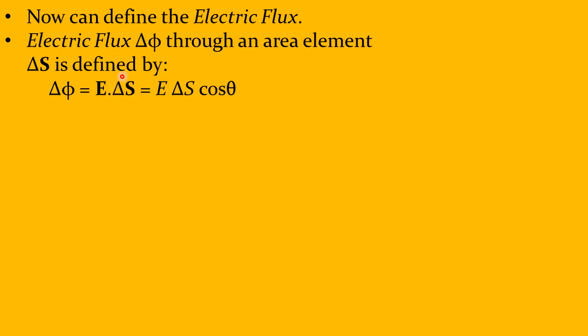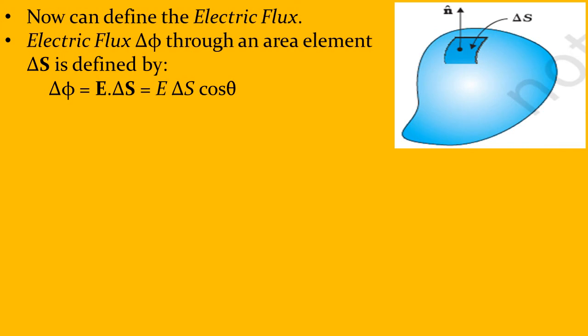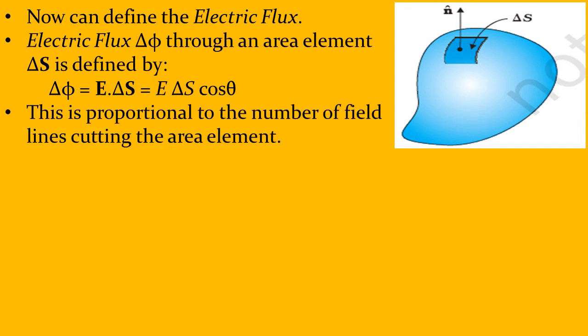Now, the magnitude of this would be E, the magnitude of the electric field, multiplied by delta S cos theta, where theta is the angle between the area vector and the electric field vector. Here I have that small area and this is the unit vector along the outward normal to this small chosen area. Now this is proportional to the number of field lines passing through that area element.